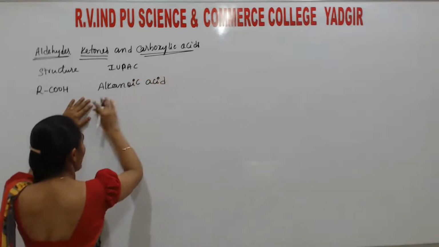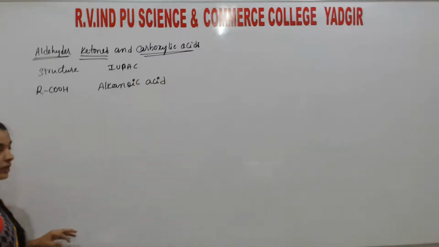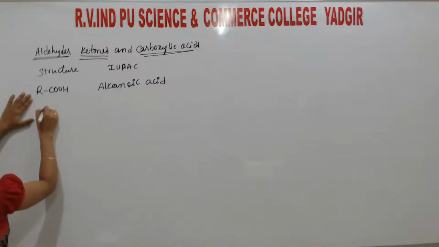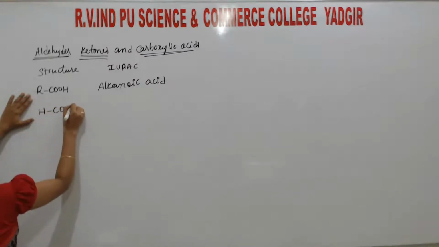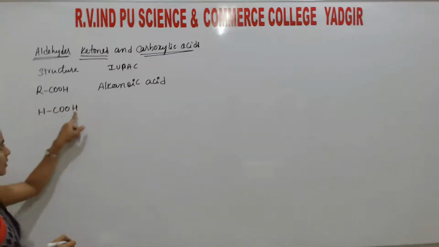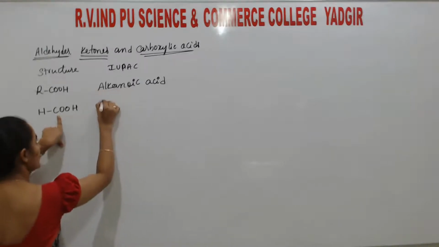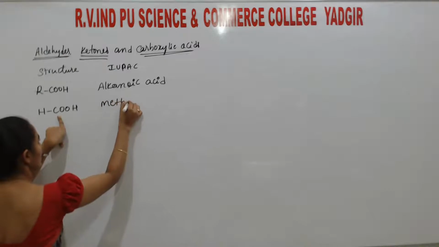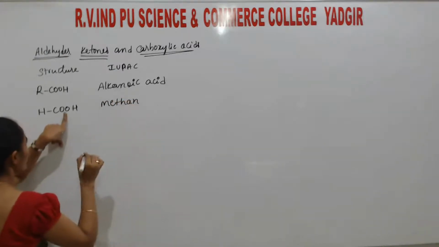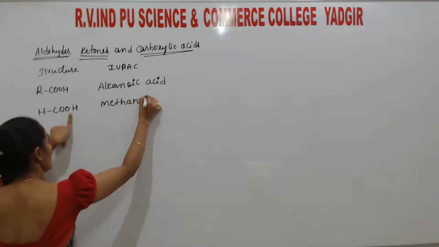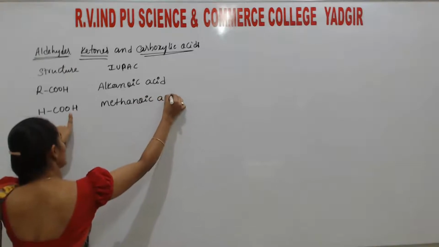That is alkanoic acid. So I will start with the first one, HCOOH. Students, in this how many carbon atoms are there? Only one. According to alkane it is methane. But the functional group here is COOH, so it is methanoic acid.